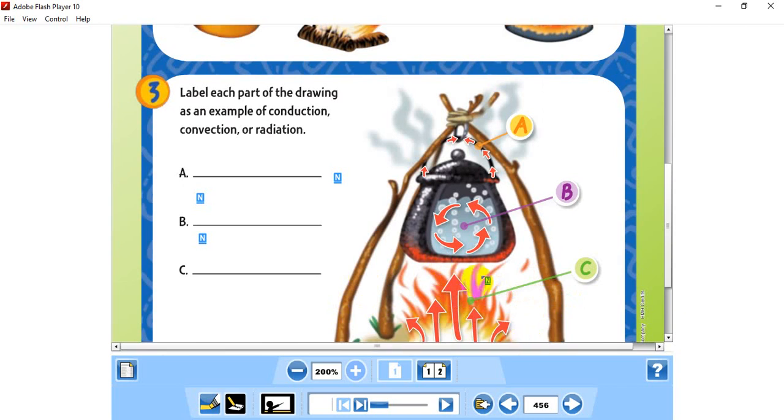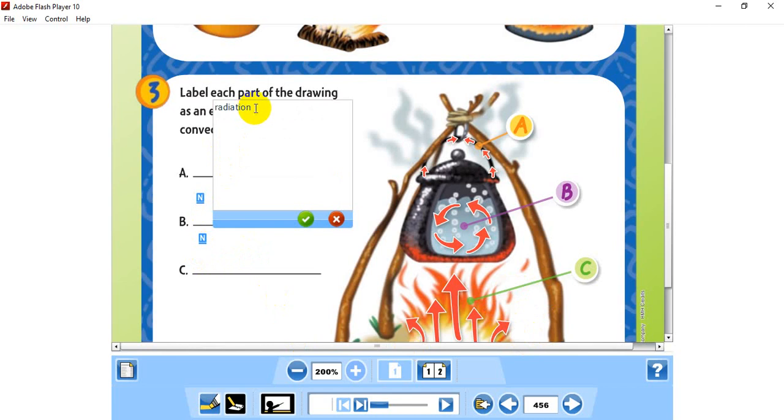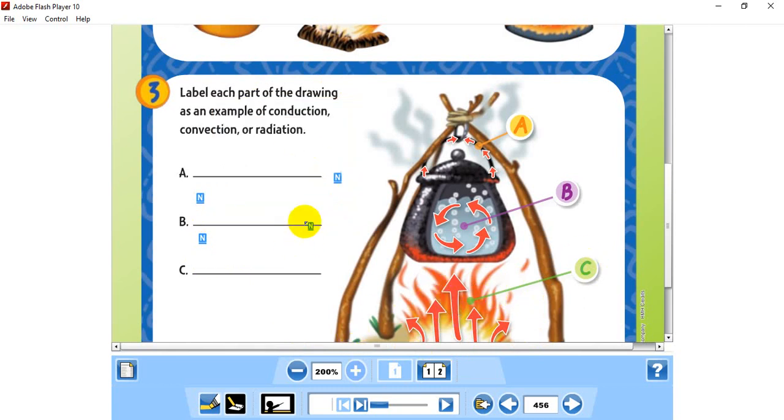The particles of the gas that surround the campfire are an example of convection, because the particles of gas start to move when the fire heats up these particles. For that reason, we should write here not only radiation but also convection. Because the fire itself is radiation, but the particles of gas surrounding the fire are convection. Okay, guys, this is what I mean.